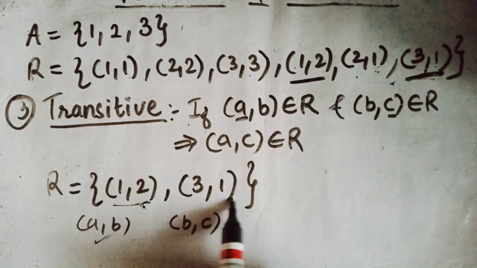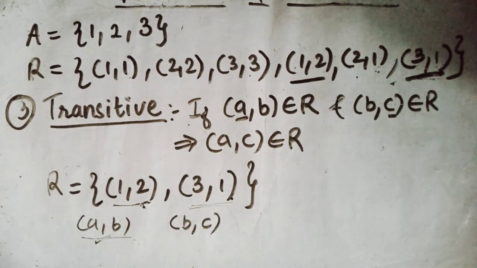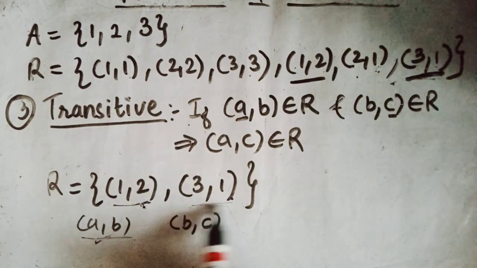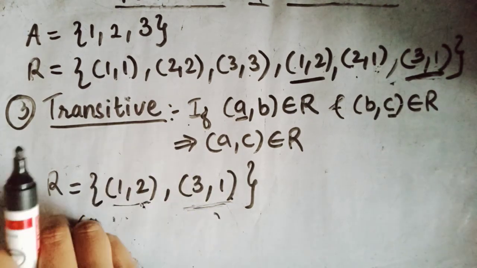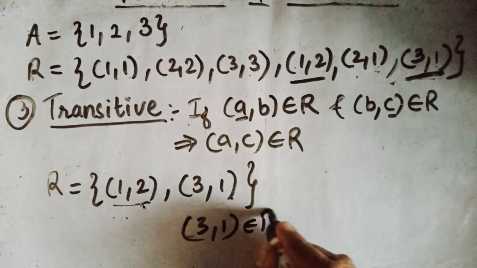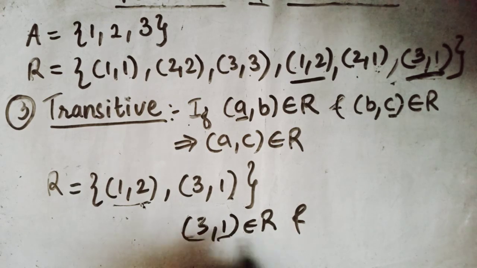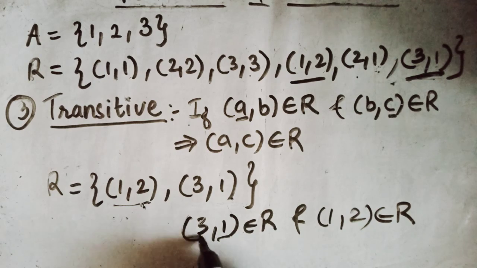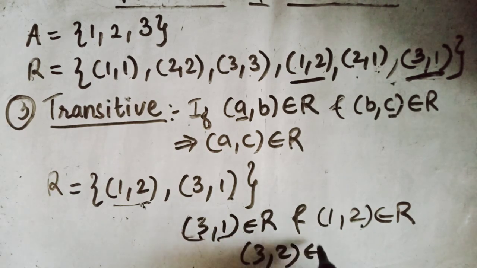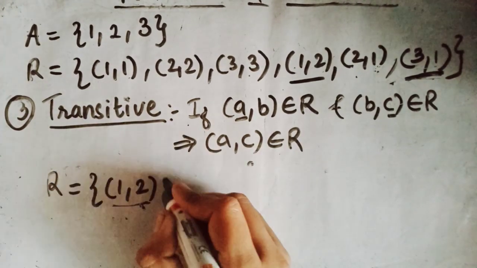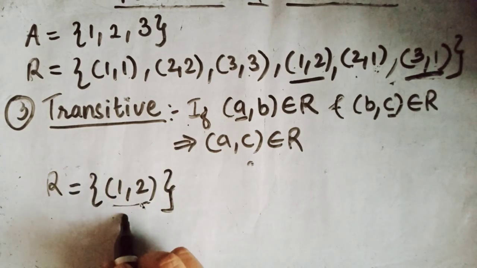Now check for this element. This element is also of the form (a, b), so there is nothing to check. But here it is possible, because (3,1) belongs to R and there is an element (1,2) belonging to R, but (3,2) is not present in R. So we can say that this is not transitive. If it was only one element here, then we can say this is transitive.